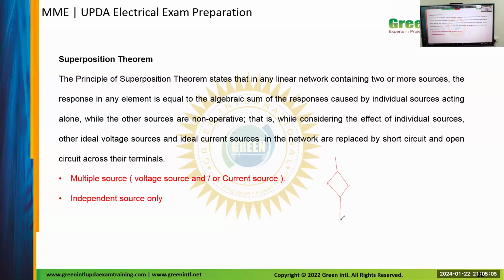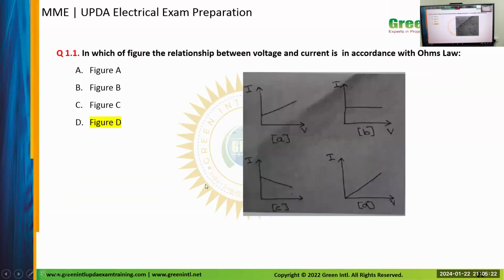In our exam, until now, we haven't had any questions related to dependent sources, so we skip that topic. Just remember these two terms. For the superposition theorem, we have one problem, and based on the problem, we will understand the superposition theorem.